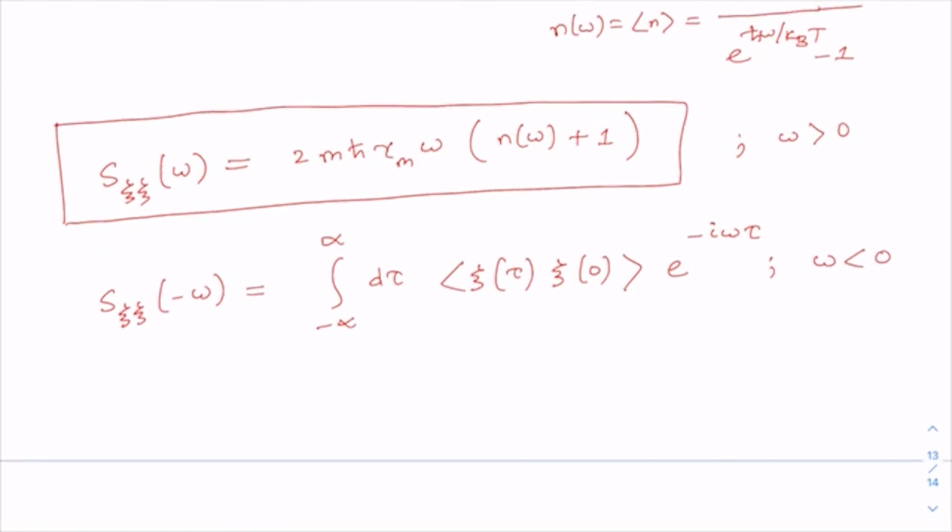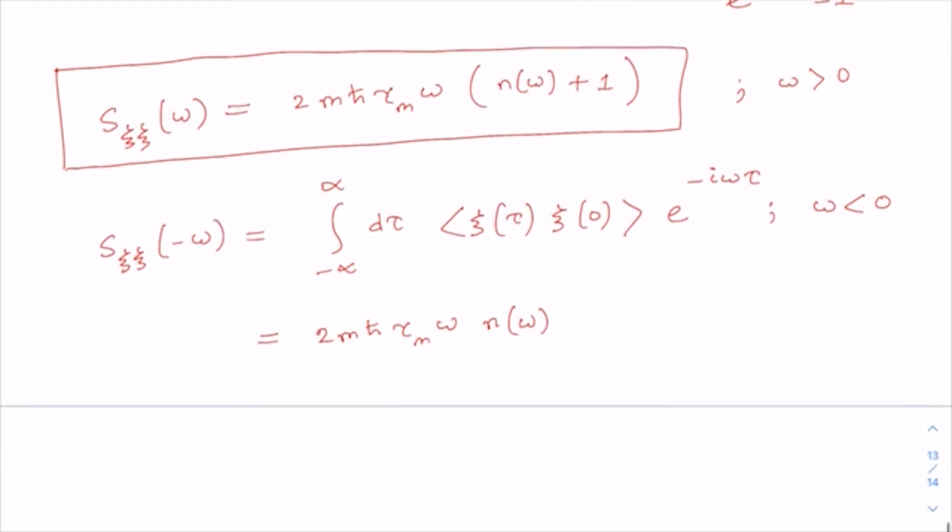Please do this calculation in a very straightforward way, the way we have done it. You can show that you will get twice m h cross gamma m omega, and now you are going to get n of omega; the plus 1 would not come. So this is what you will get as xi at minus omega.